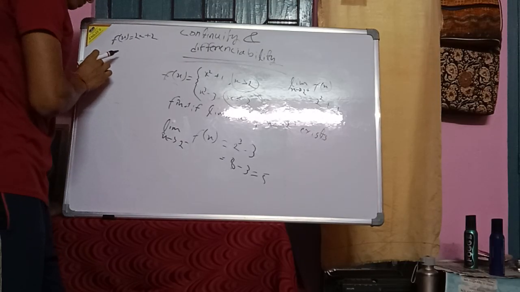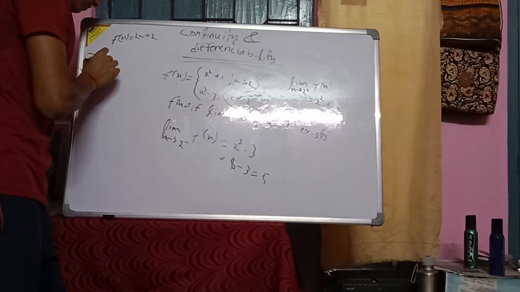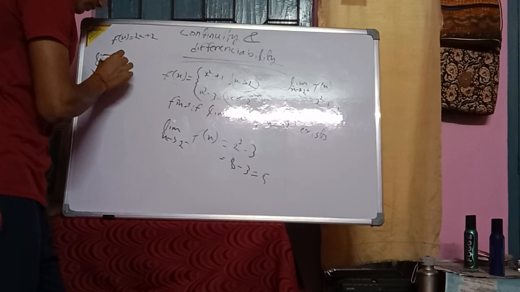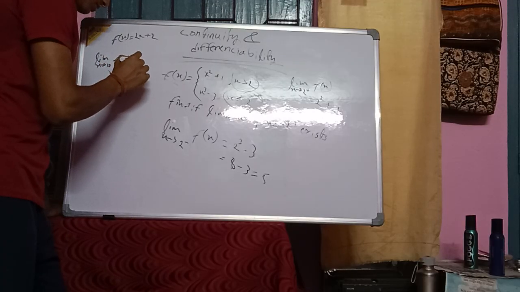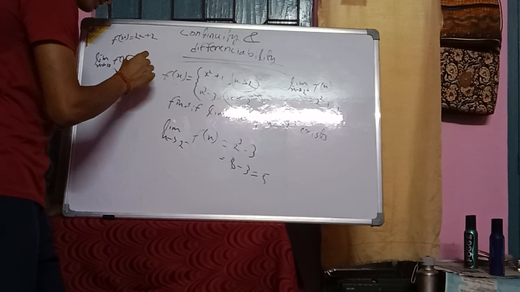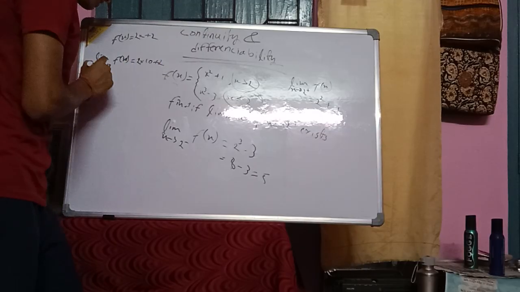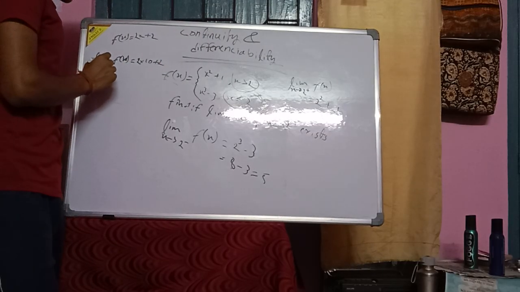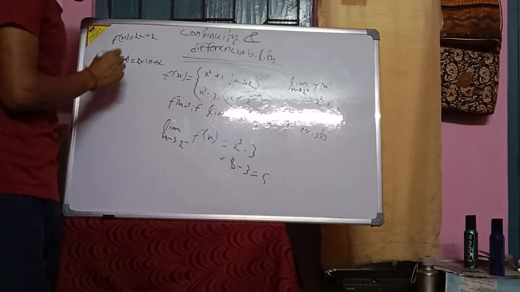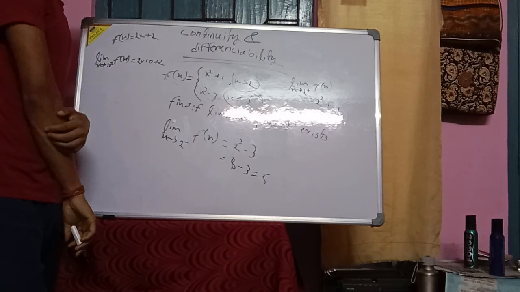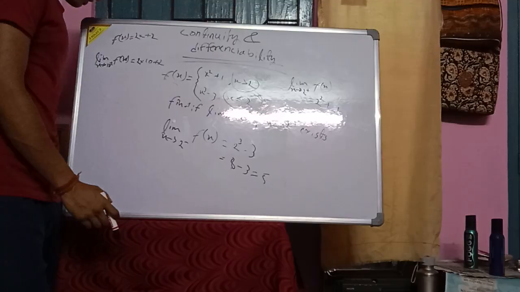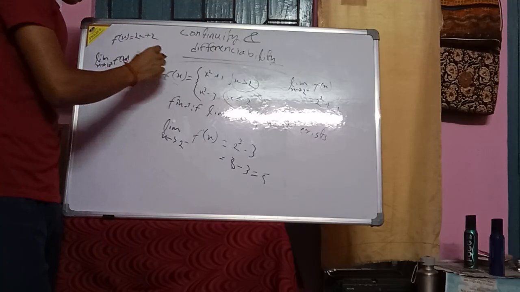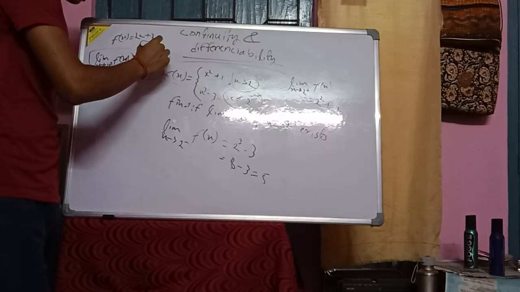Now as limit of x tends to 10 of f of x, it would be 2 times 10 because x is very close to 10, so you can write it down this way. Now this time the limit can be anything, plus or minus, doesn't really matter because the function f of x is defined for both of them the same way. But this is the limiting value, okay? This is the limit value.